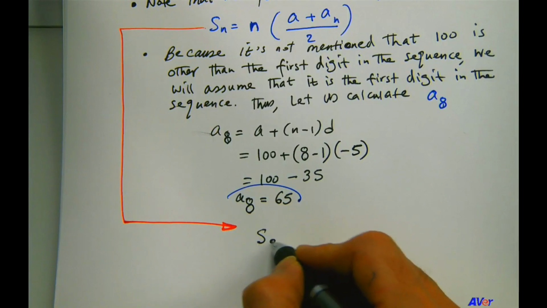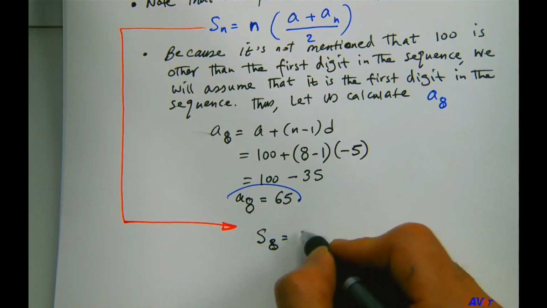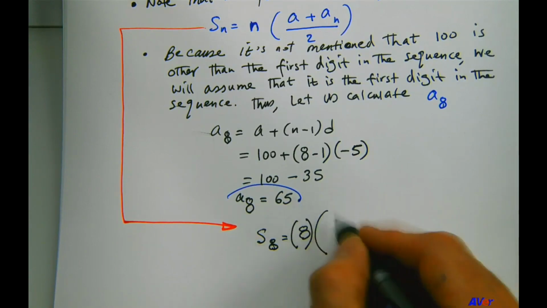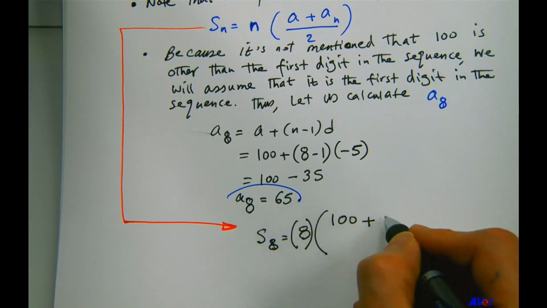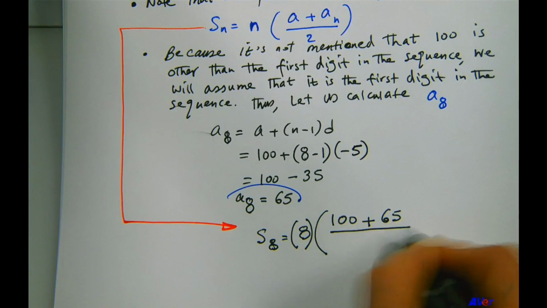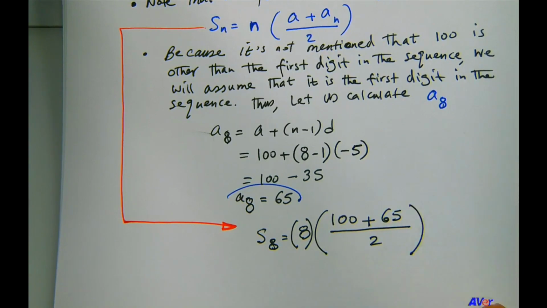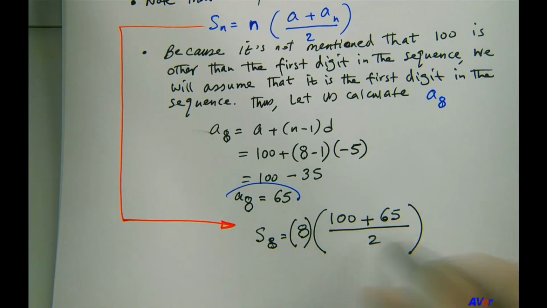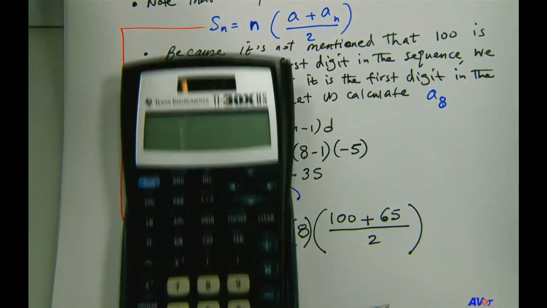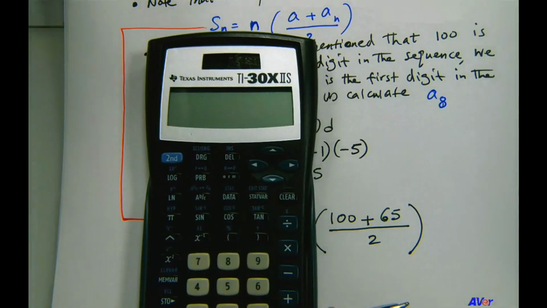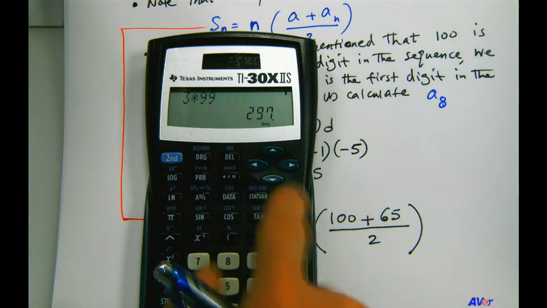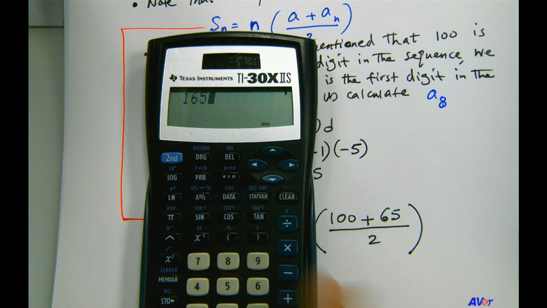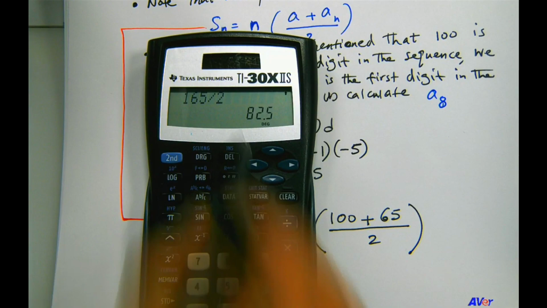So S8 would be equal to 8 times A, which is 100, plus A8, which is 65, divided by 2. So 100 plus 65 divided by 2, what is that number? We're just going to calculate this piece. 165 divided by 2. So 82.5.